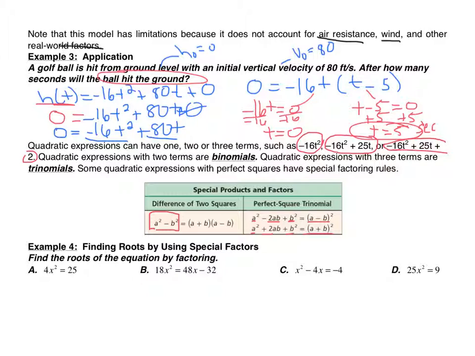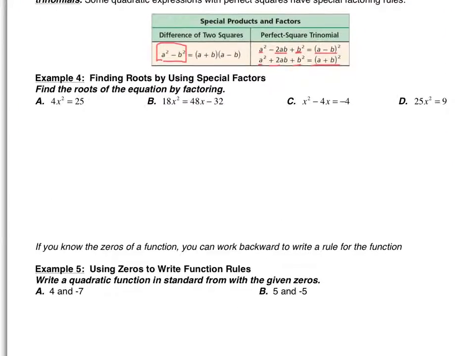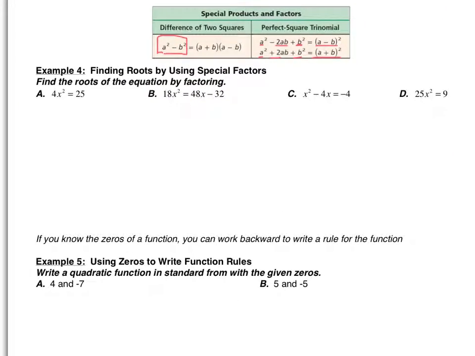So let's take a look at our examples. The first one, we're going to move everything to the left-hand side, so minus 25 on both sides. Then we get 4x squared minus 25 equals 0. And 4x squared is really 2x squared, because 2 squared is 4, and x squared.